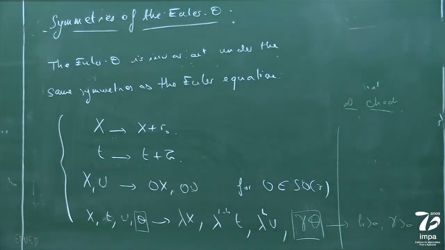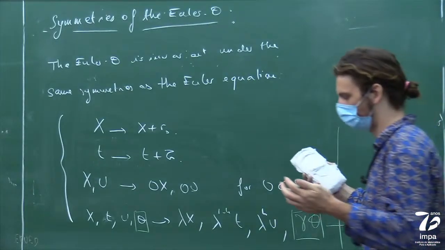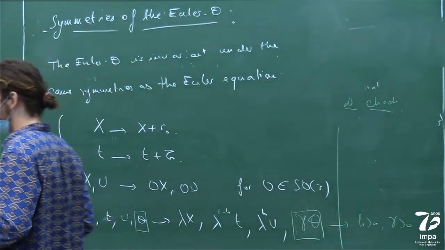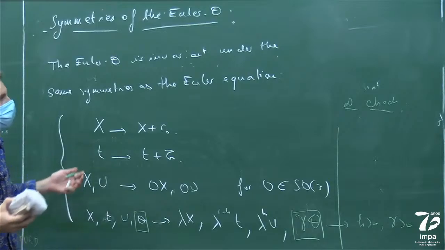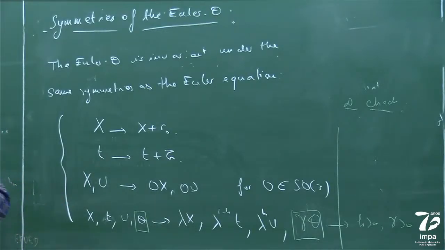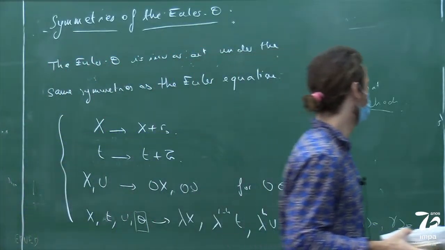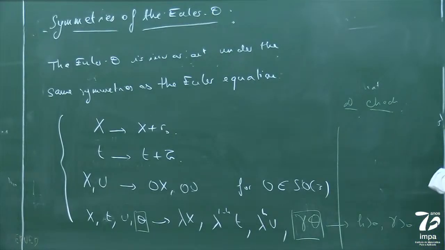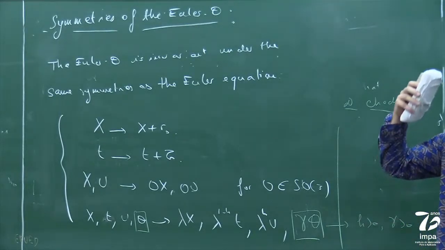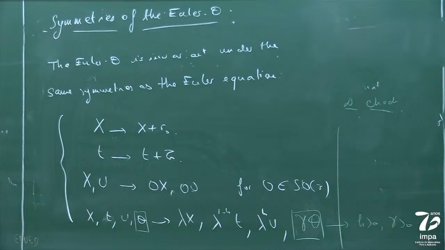And of course, as discussed previously, Euler and Navier-Stokes are two different beasts. So what is of interest for us, in particular with the idea of describing turbulence, is not so much the Euler, but the Navier-Stokes.